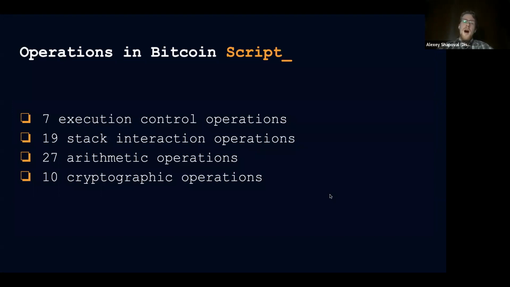So what are the operations in Bitcoin script? What do we have in our hands in order to do whatever we want to do? So Bitcoin script has 7 execution control operations. They are enough to implement if-else logic and do a few other fancy things.